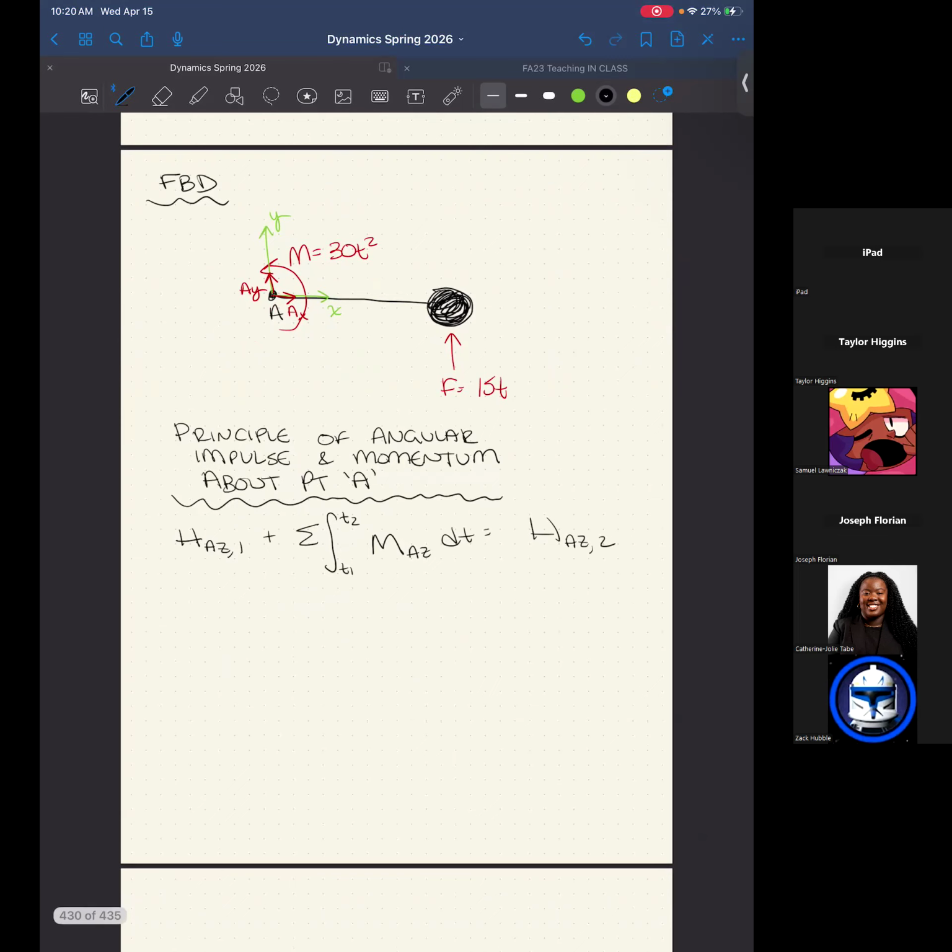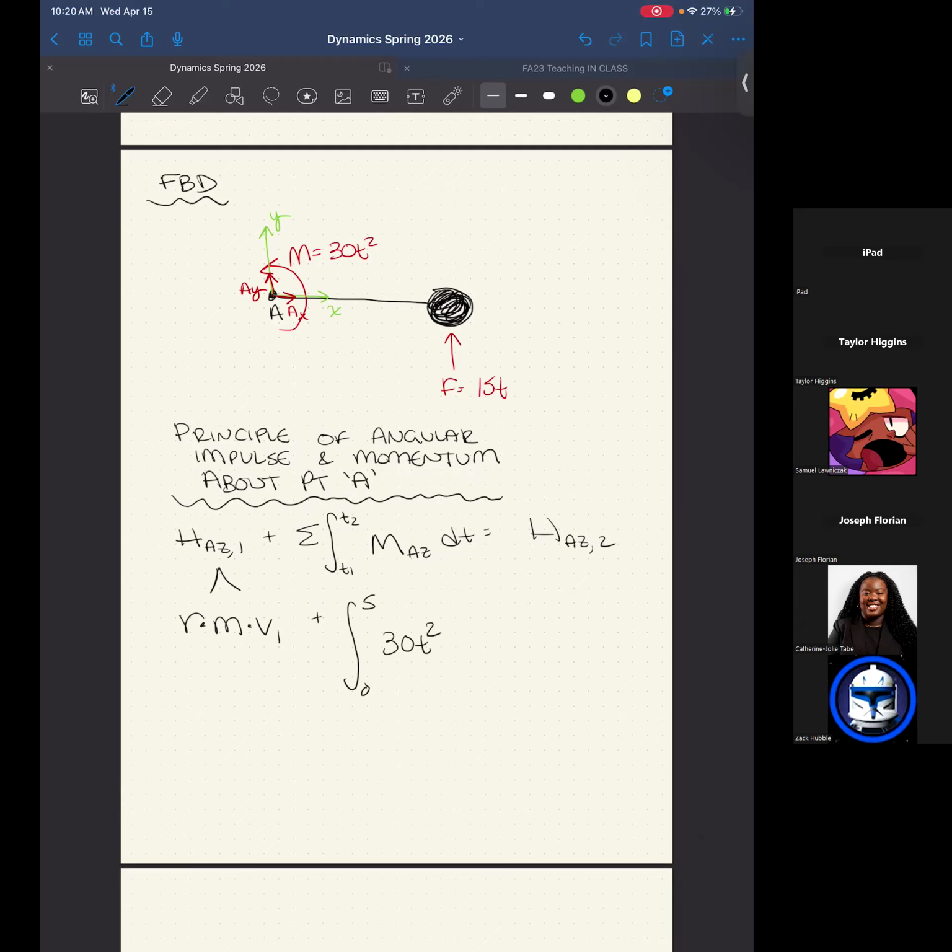Okay, so here we're in 2D. So we have r m v1 plus the integral from 0 to 5 of that couple, which is positive, 30t squared.